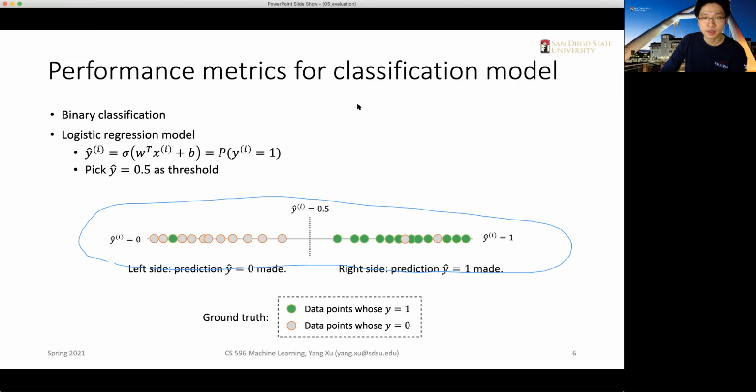Can I ask a question? Does this data already look a little bit trained? There are a lot of green points close to 1. Is this something we should expect to see sometimes, or does it generally only happen after training? Yes, it's generally after training.